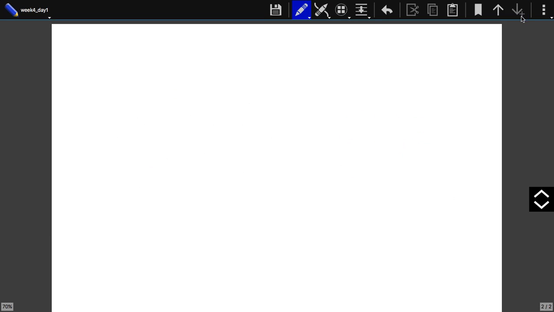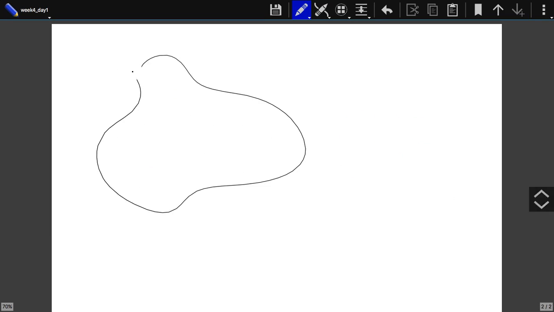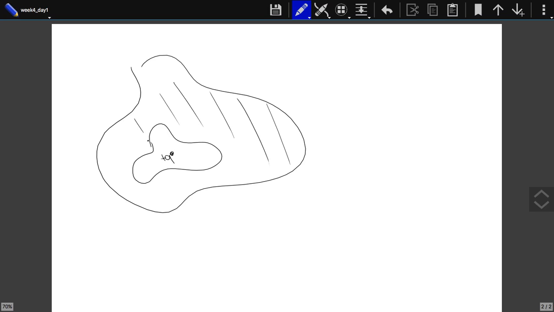Of course, consider the case where you have a cavity inside, and let's say you put some positive charge plus Q in that cavity. Even in this case, you cannot have any charges inside your conductor. What will happen is, if you put some positive charge over here, it will attract the negative charges in the conductor.